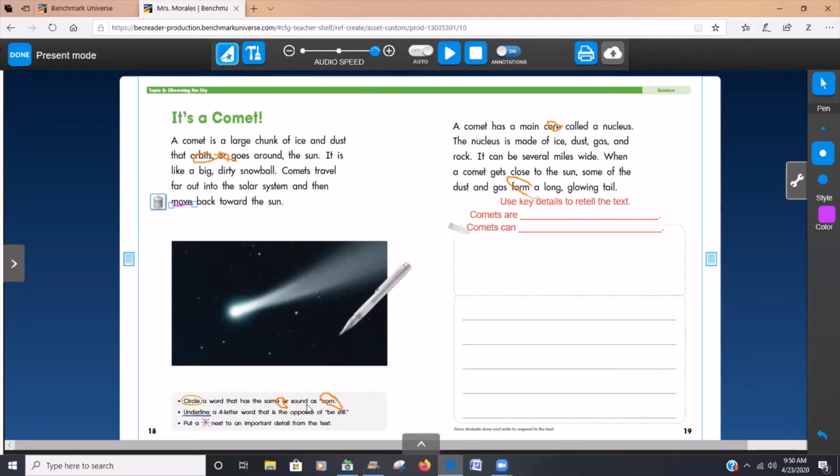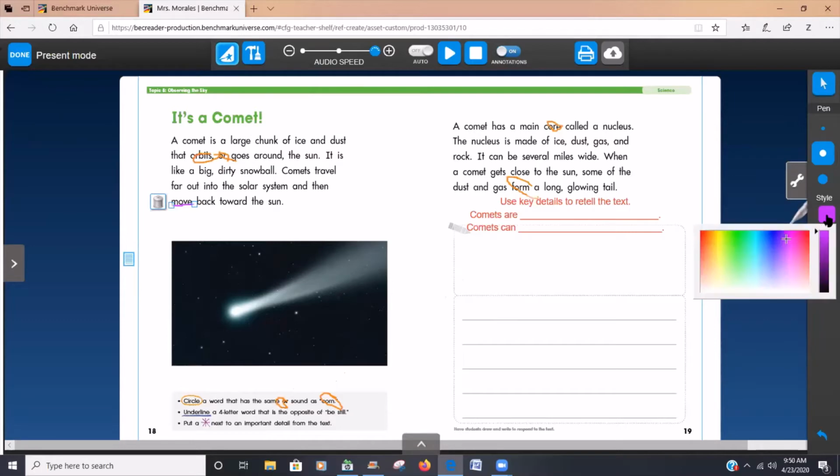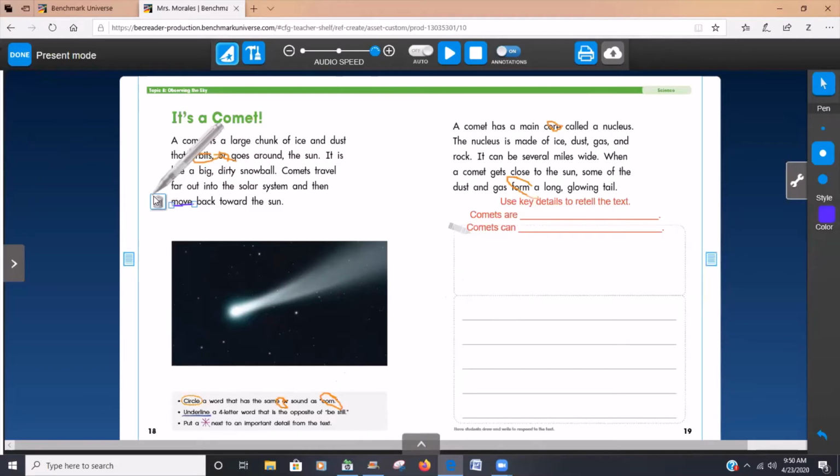Now the last one: put a star next to an important detail from the text. I got confused. My underlining was blue. Where's my eraser?